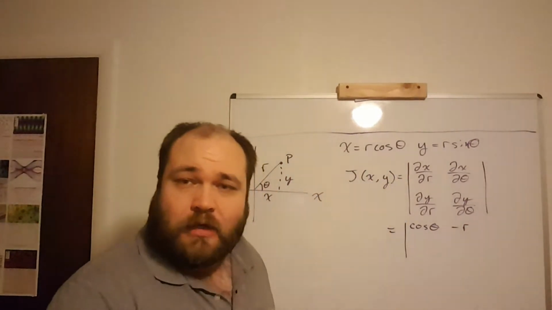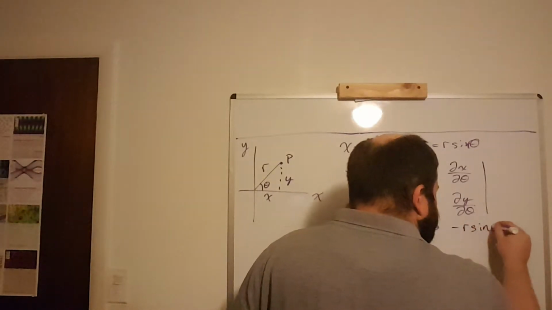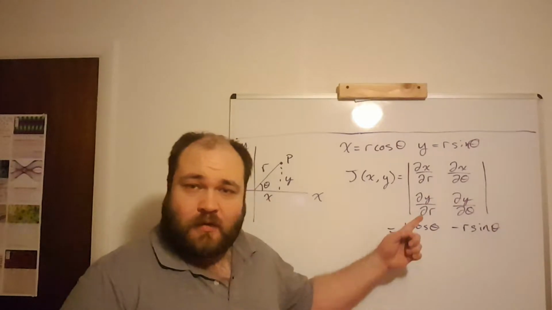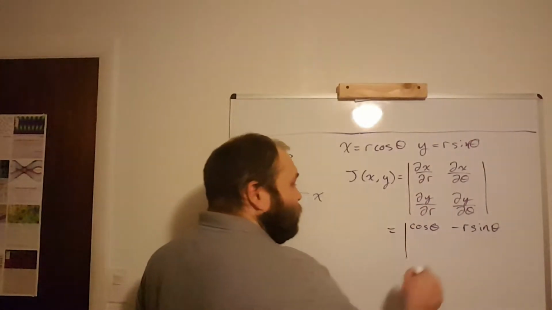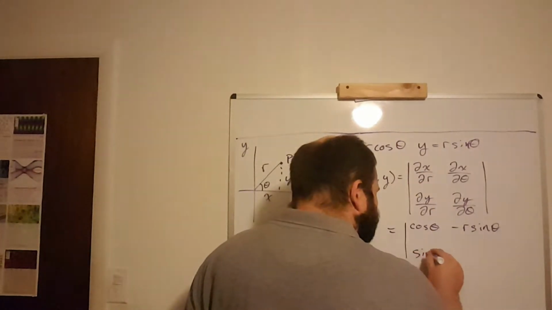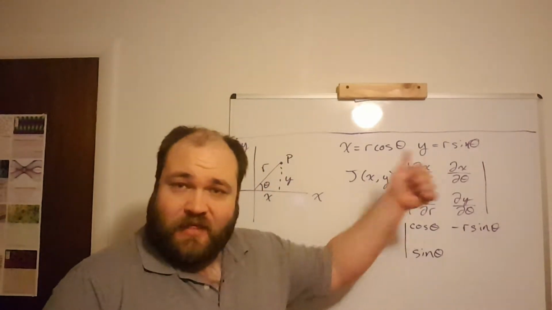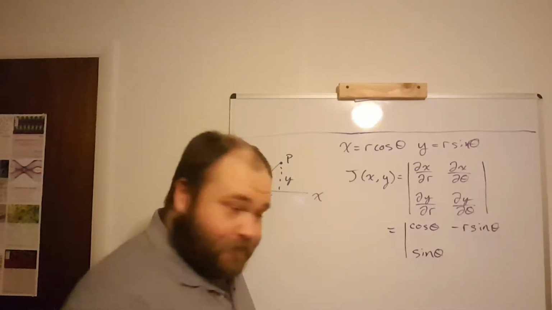Sorry, negative r sine theta. Now we look at y with respect to r, which is just sine theta, and then we look at y with respect to theta, which is going to be r cosine theta.